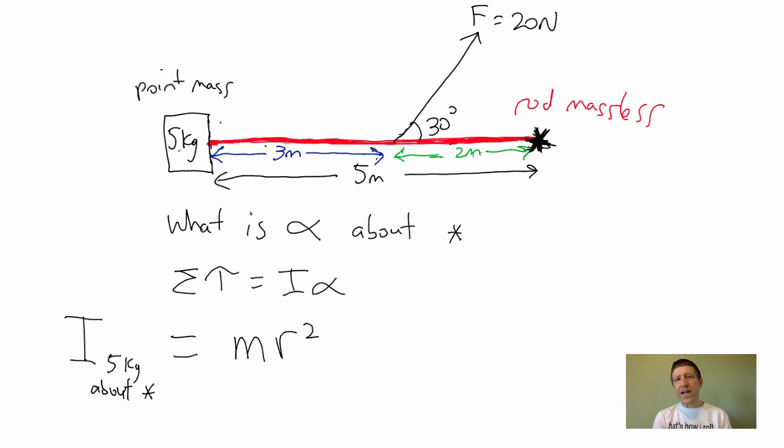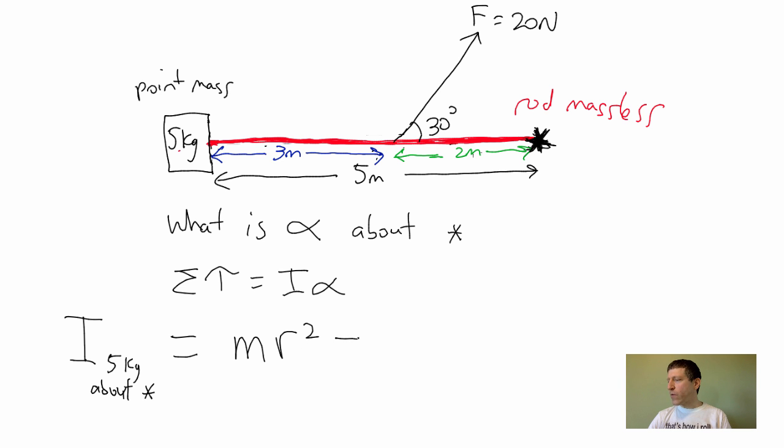But wait a second. I know what the mass is, 5 kilograms. What is r? Oh no, I've got 3 different distances here. Well, this is where you have to remember the rhyme. R is the displacement from the axis of rotation to the point where the mass is stationed. So is that 2, 3, or 5?